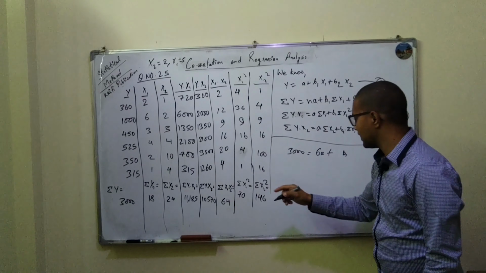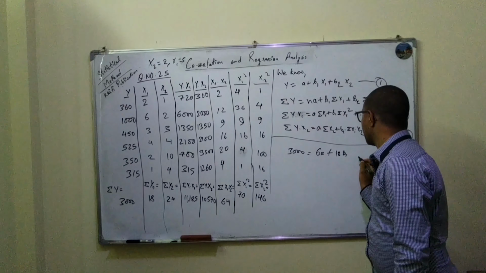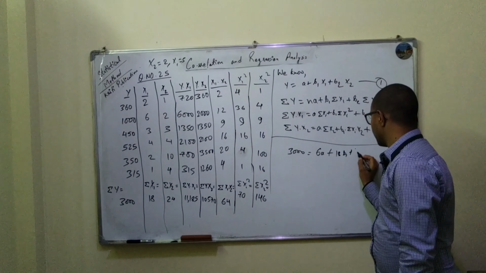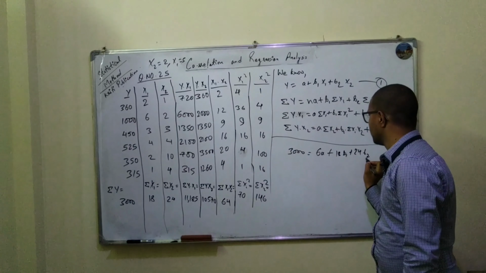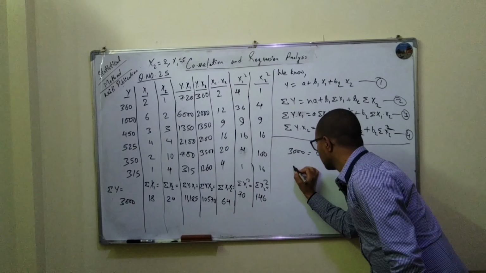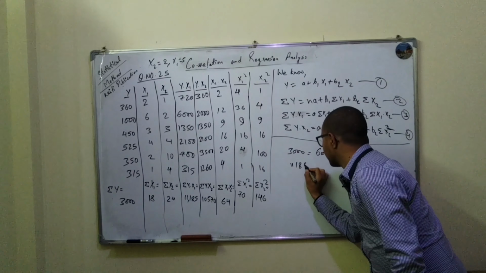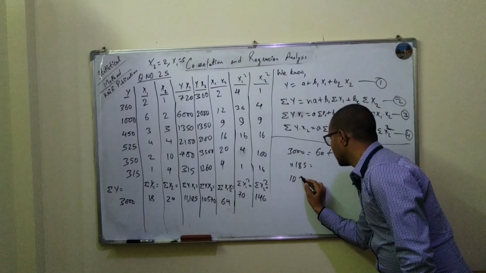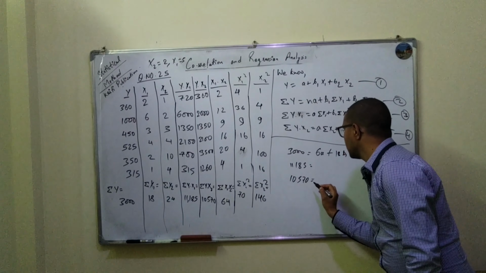Summation x1 is 18, plus summation x2 24 b2. Then this value yx1 is 11,185, and yx2 is 10,570.